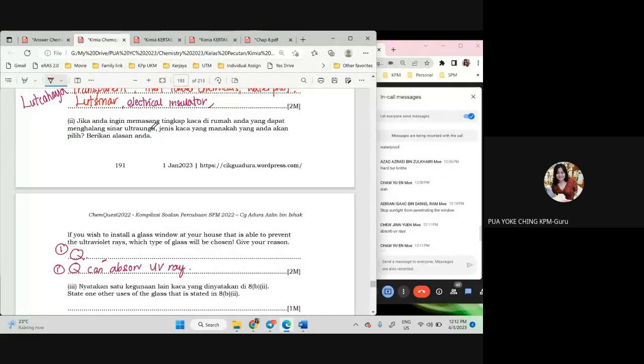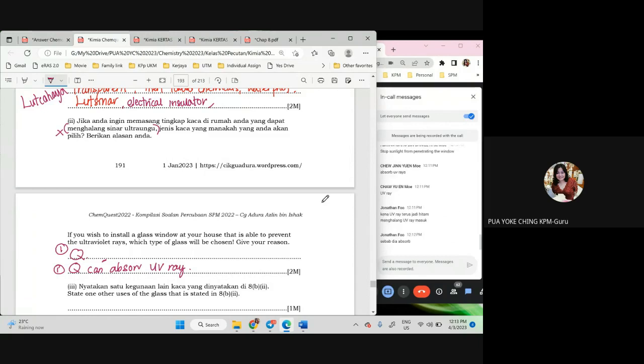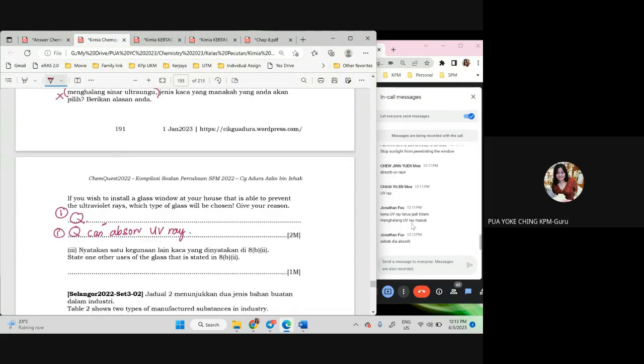So when you write menghalang UV ray masuk, tak boleh. You just copy back the question, so cannot. Sebab dia absorb. Then you need to write lah. Q can absorb UV ray. Okay, this is the answer yang simple. We just tell it, okay, because it can absorb UV ray.